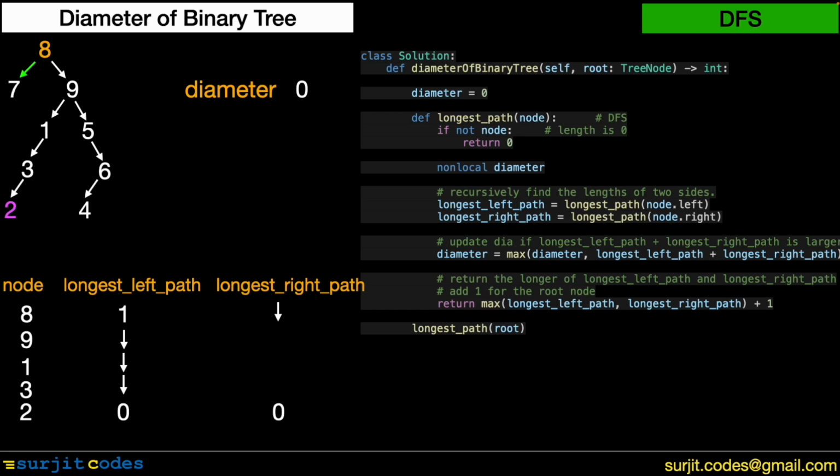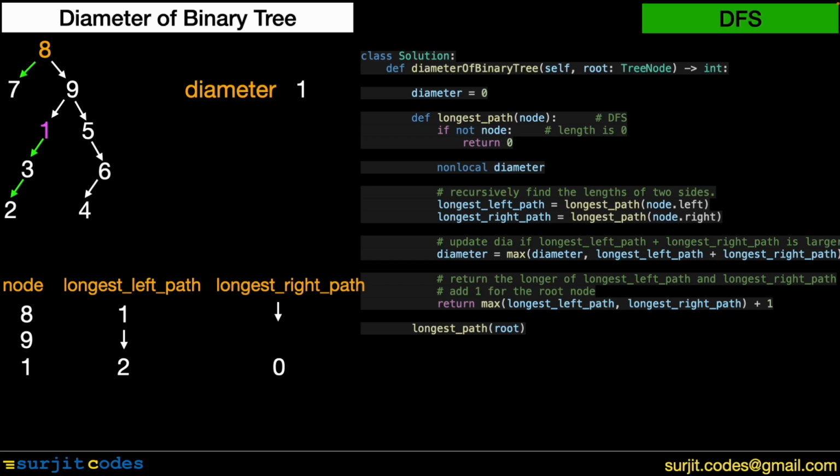We add 1 to the higher value of these and return it. This incorporates link from node 3 to 2. We save it as the longest left path of 3. Right node of 3 is none, which returns 0 to its longest right path. The sum of these two paths becomes new diameter. Higher of these paths is 1, so we return 2 and store it as the longest left path of 1.